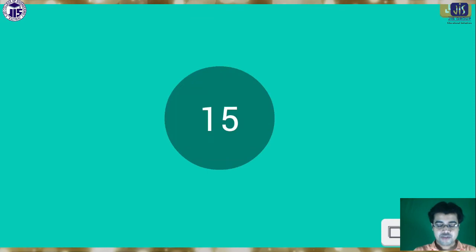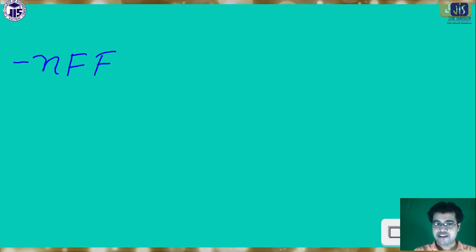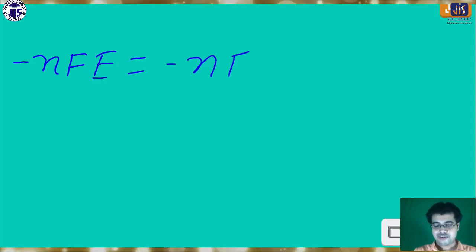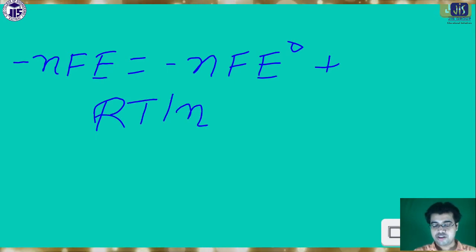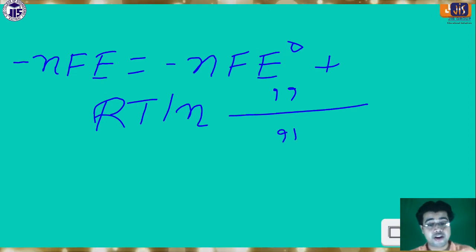In place of delta G we put minus nFE, so minus nFE equals minus nFE0 plus RT ln. What was the previous case? It was the same, concentration of product by concentration of reactant.